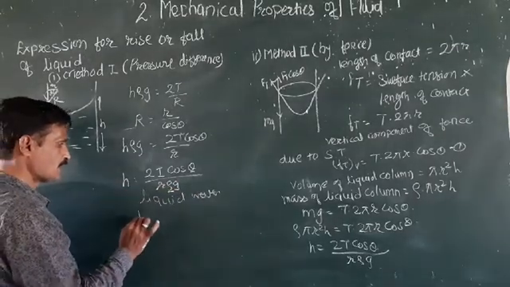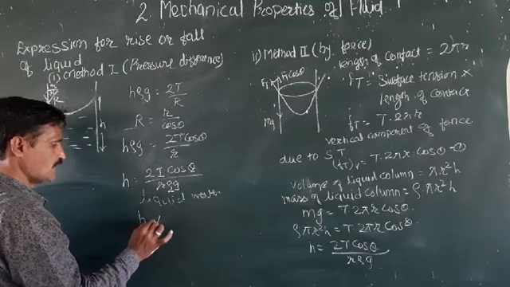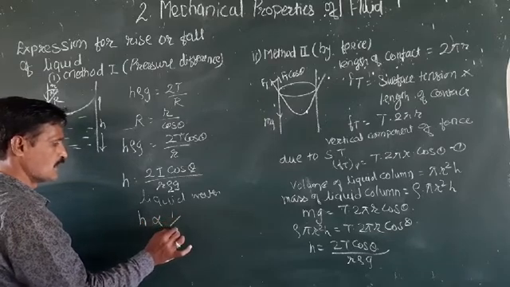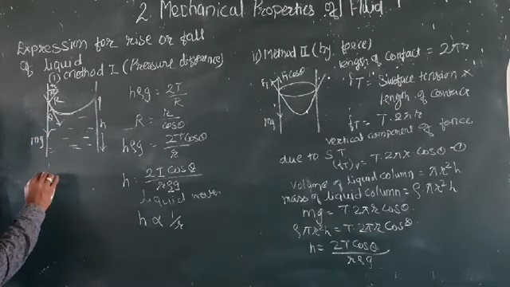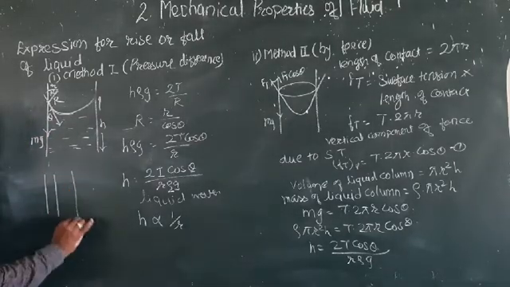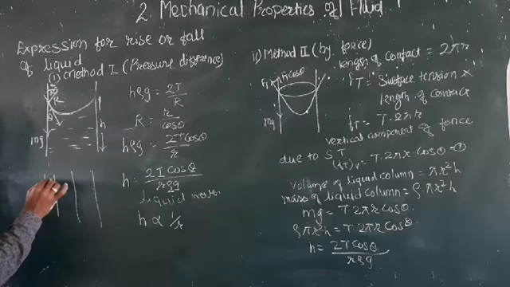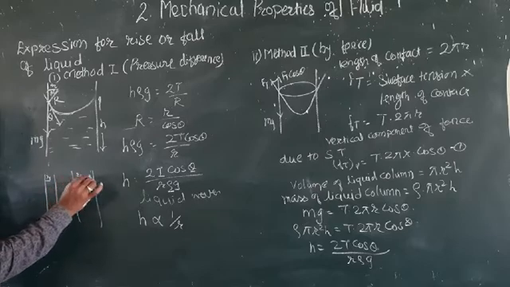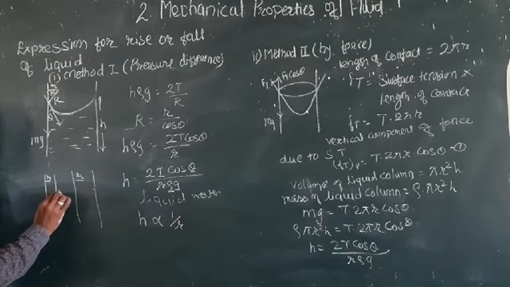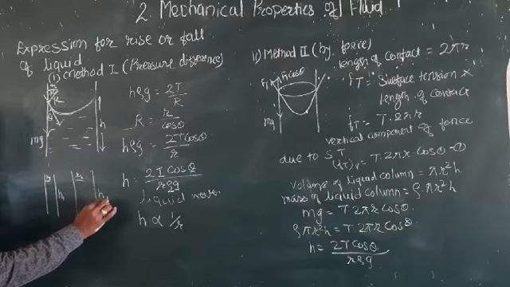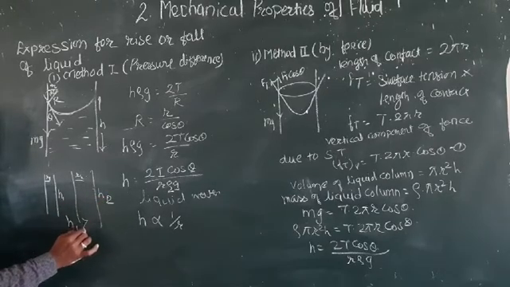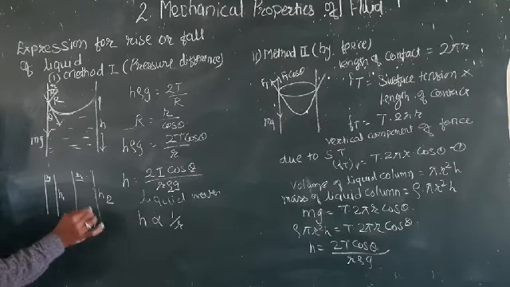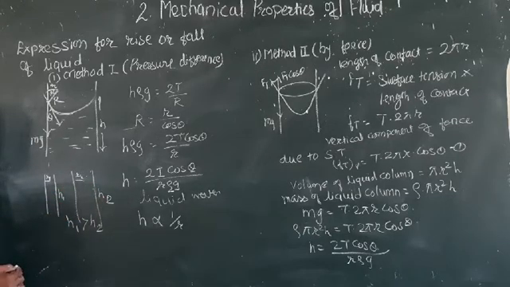This means that h is inversely proportional to the radius. If we take capillary tubes of small radius, that is r1, r2, then the height of the liquid in the first capillary tube will be greater than the height of the liquid in the second capillary tube.